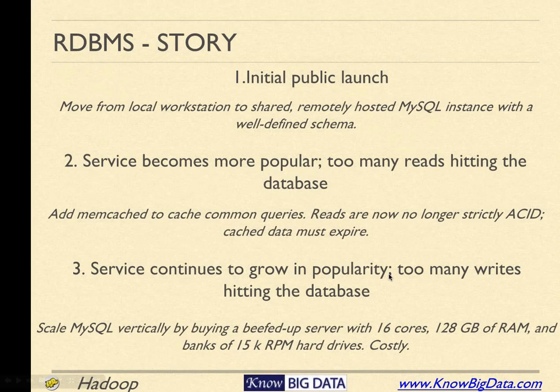You basically have the cache in place. You add memcached. Memcached is a good solution for creating the cache. In place of memcached, some people also use MongoDB. We'll cover that later. So we add memcached to cache the common queries.